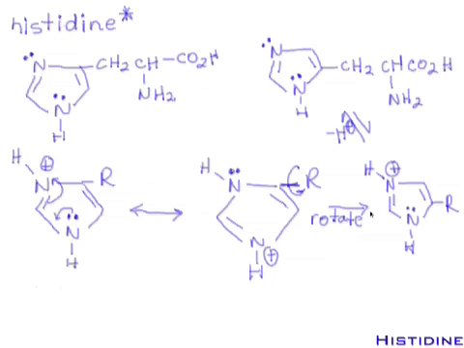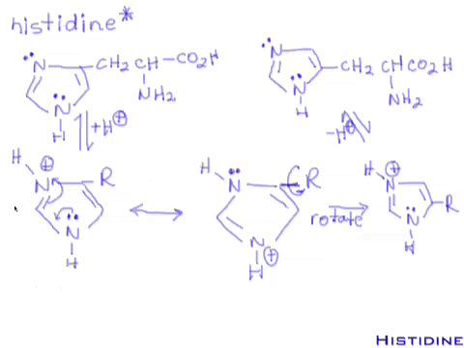Okay, so we can answer two questions with this. Going from this structure down was plus H plus. The lone pair on the imine portion of the ring can get protonated because it has a resonance contributor.